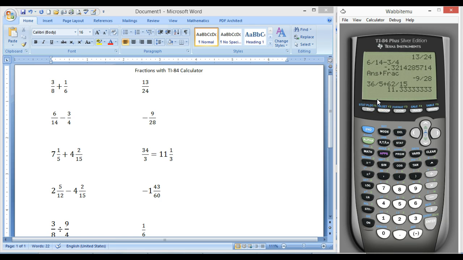Press enter. Again, we have our decimal, so we change it math to fraction. Press enter, enter, and it's going to give it to you as the improper fraction.